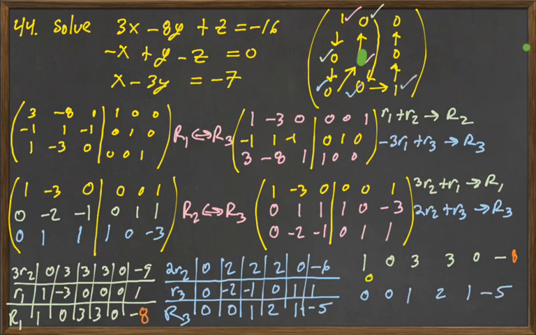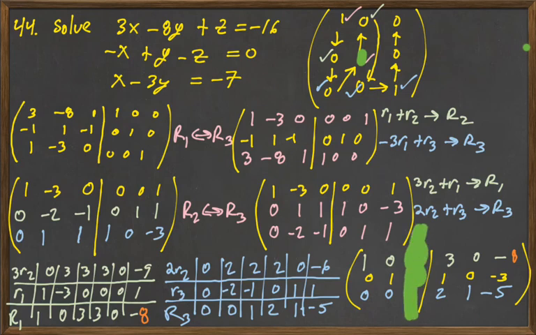Okay, and so we took care of the second column. We also got a 1 here for free, so lucky us, we get one less step to do here. Okay, and so we did use row 2, but we didn't change row 2, so row 2 is the same there.